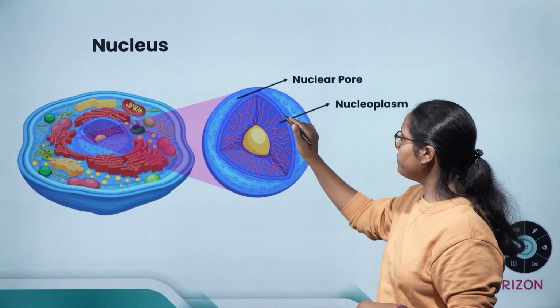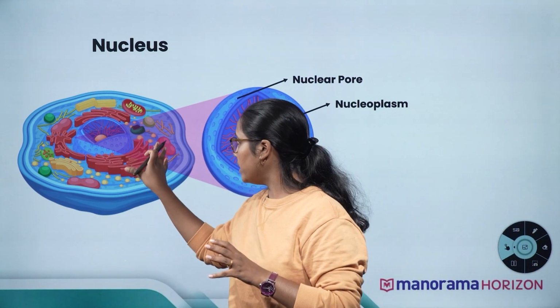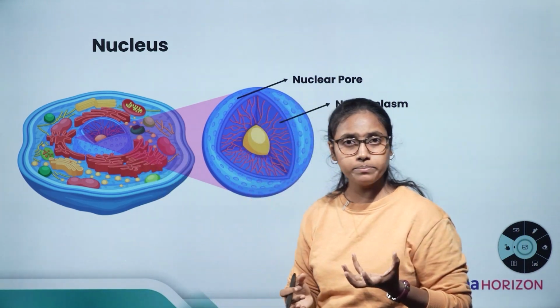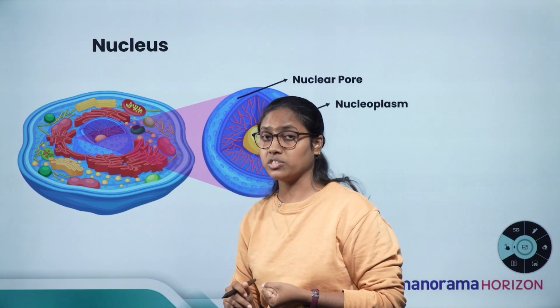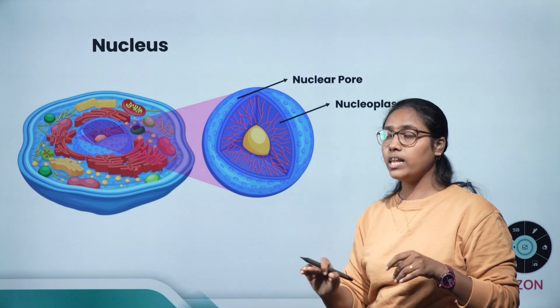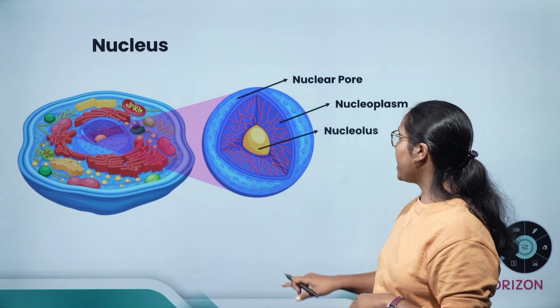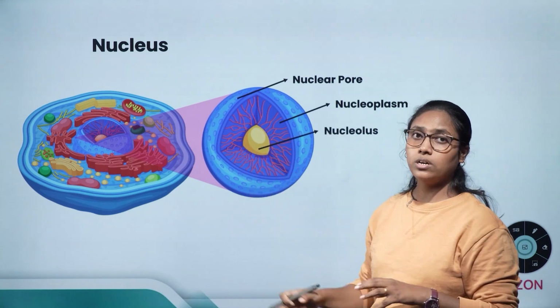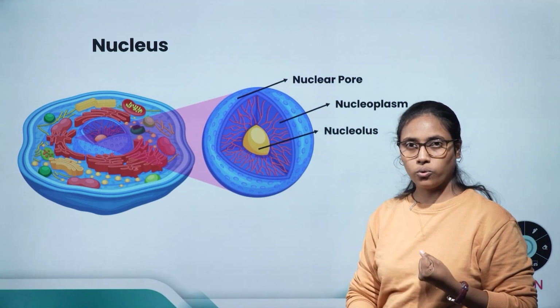Okay, then similar to inside the cell, where we have a jelly-like substance, similarly inside the nucleus, we have a jelly-like substance called nucleoplasm. Because it is inside the nucleus, we call it as nucleoplasm. Apart from that, in the center, we have a circular structure which is known as nucleolus.